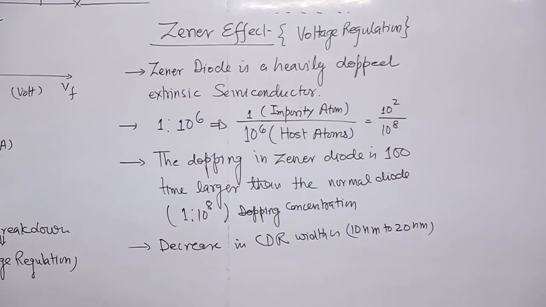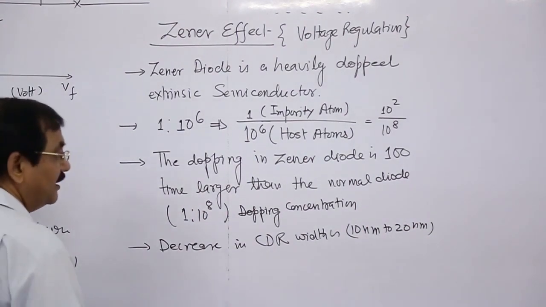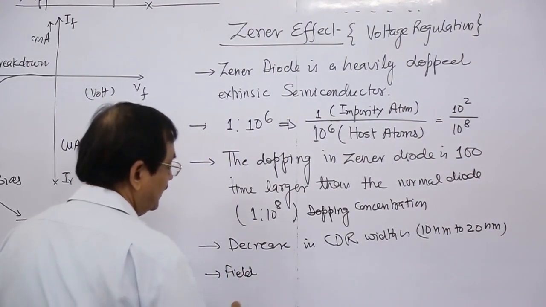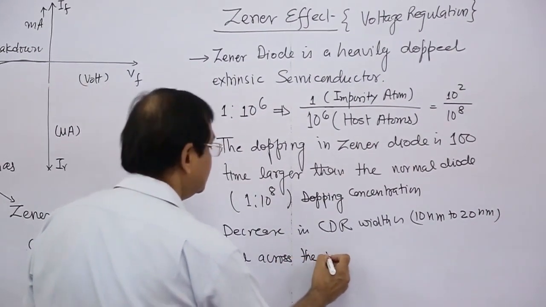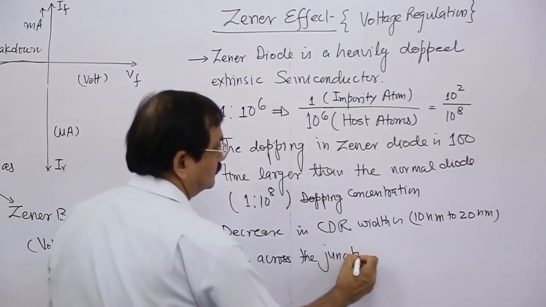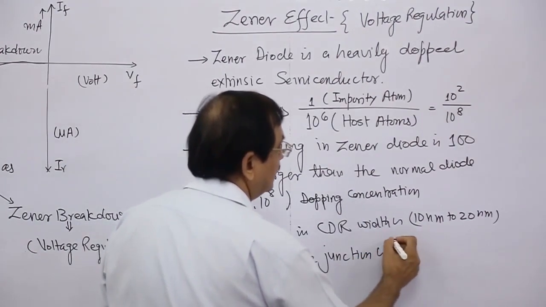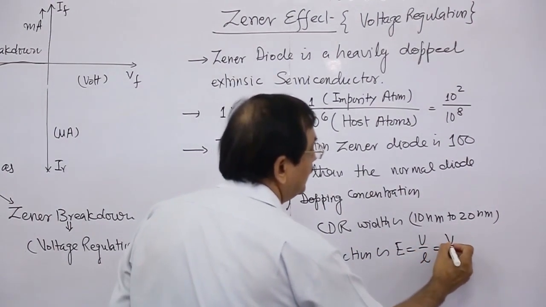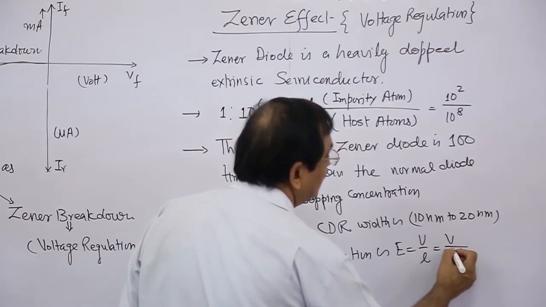This kind of width will develop in the CDR, and the field across the junction is E, that is V upon L, V upon 10 to the power 9 meter.